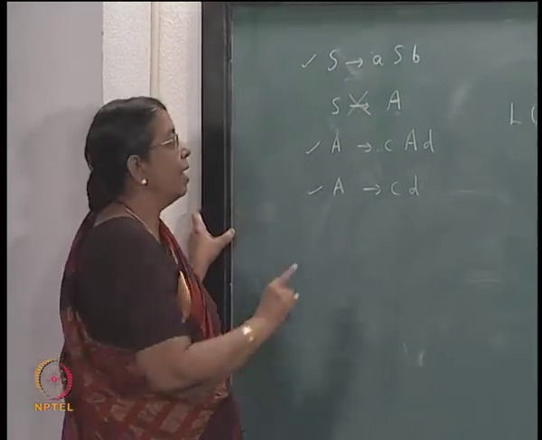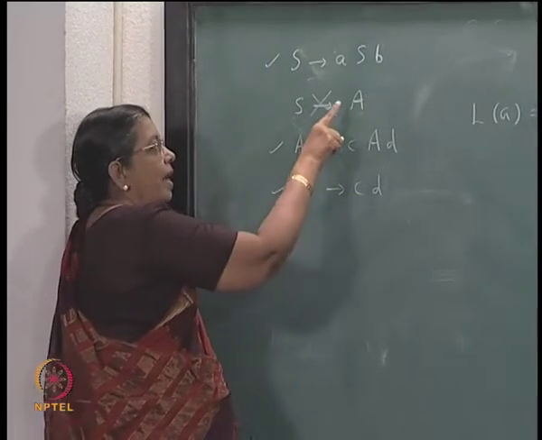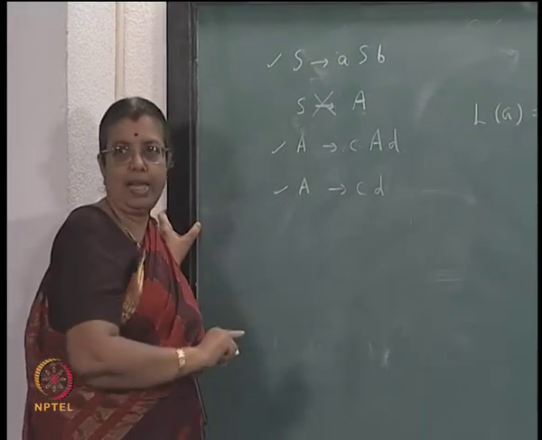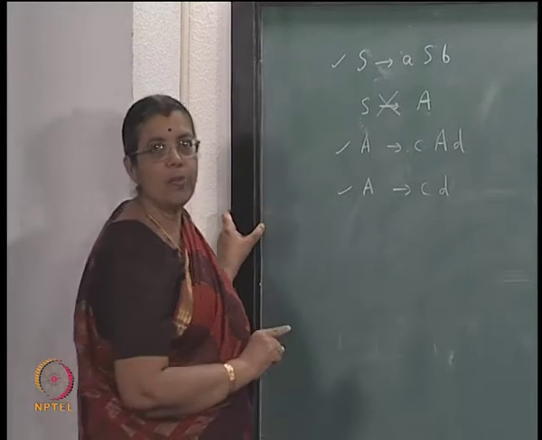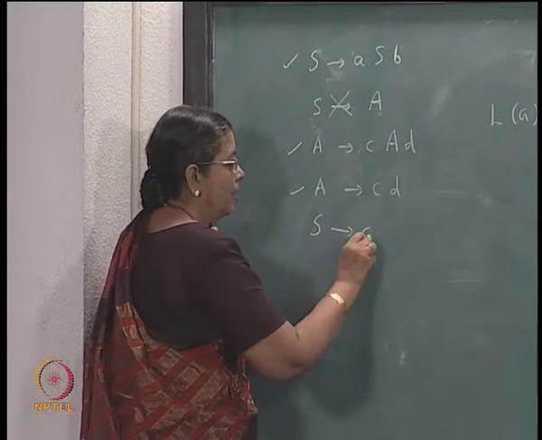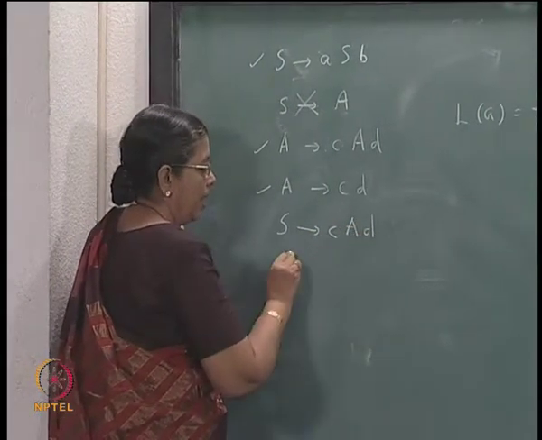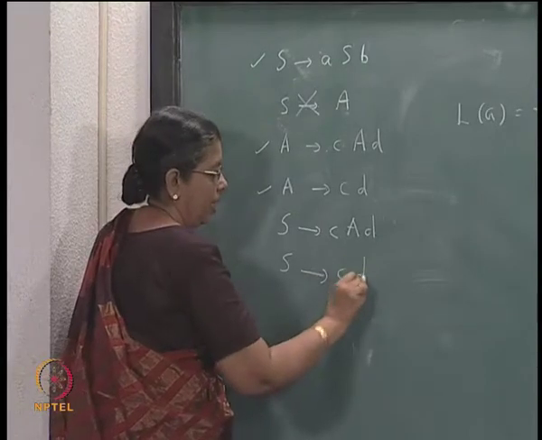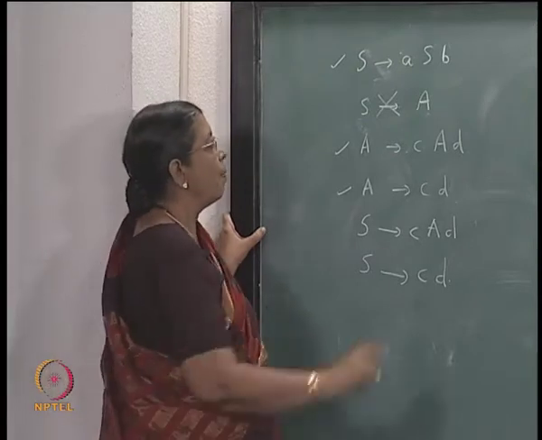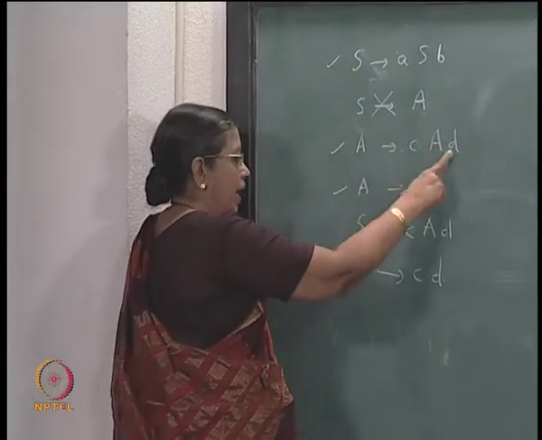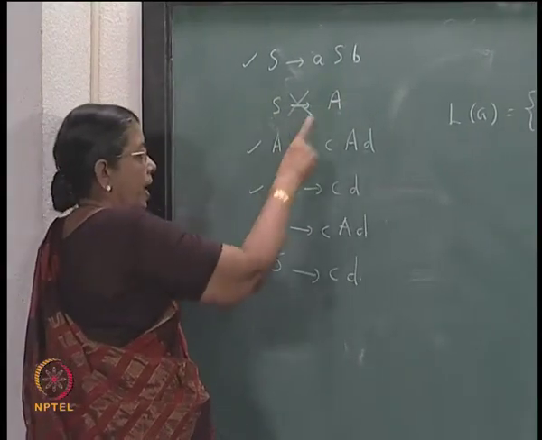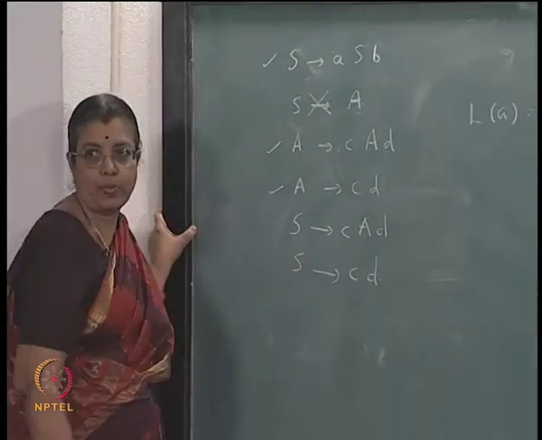Then whenever there is a pair SA, the right hand side you replace with the right hand side for every rule with A on the left hand side. So, what are the rules you will be adding now? The rules you will be adding will be S goes to CAD, S goes to CD. So, instead of applying S goes to A, then A goes to CAD, you can straight away apply this rule. Instead of applying S goes to A goes to CD, you can straight away use this rule.